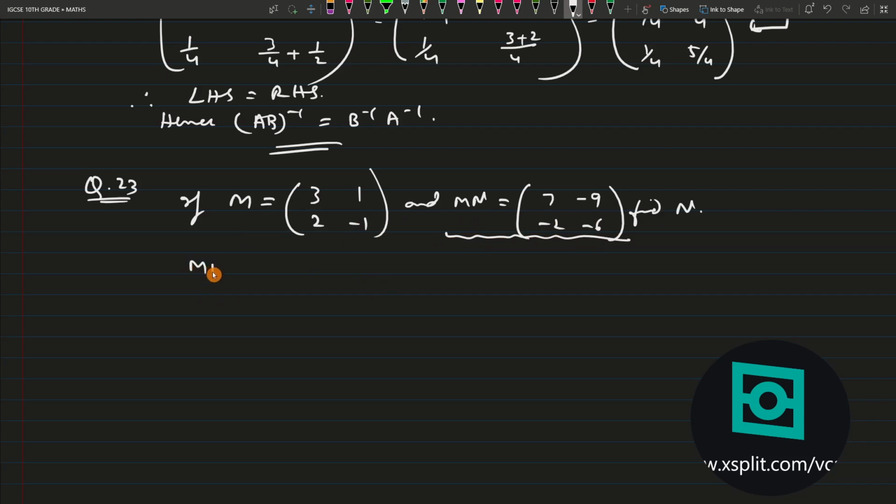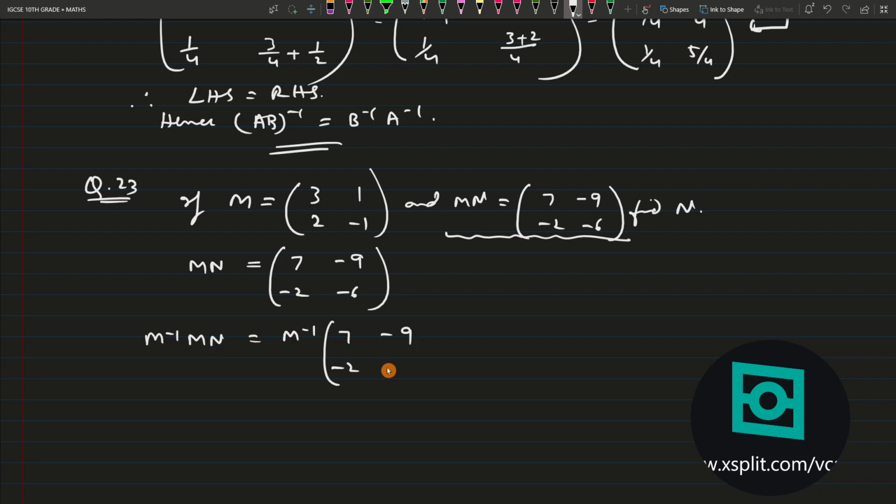Solution: MN is equal to 7, minus 9, minus 2, minus 6. Okay, now you want to find out this N. So what I'll do is M inverse M N equal to M inverse times 7, minus 9, minus 2, minus 6.